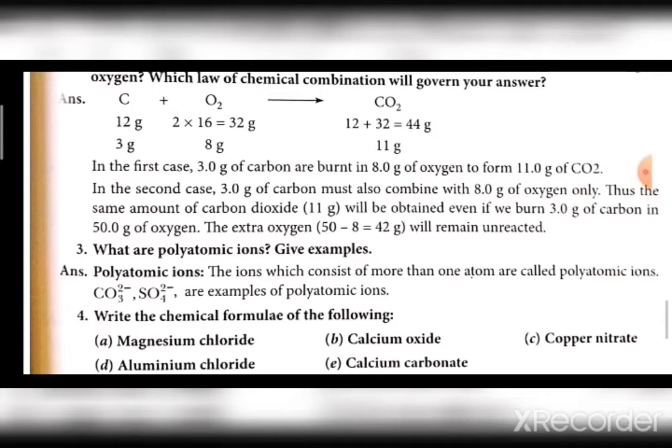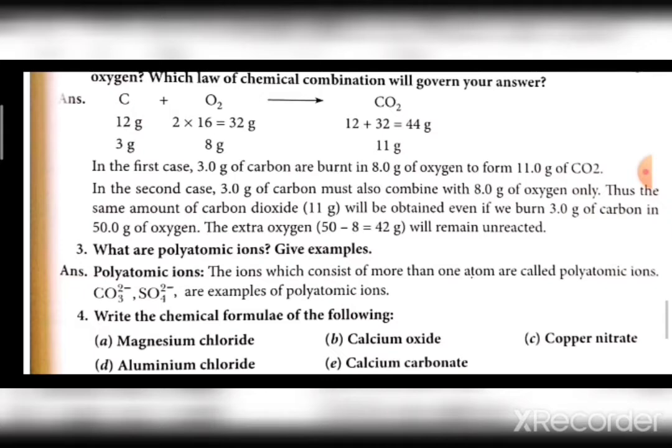Then in the next one, the same amount of carbon dioxide, that is 11 gram, will be obtained even if we burn 3 gram of carbon in 50 gram of oxygen. The extra oxygen, 50 minus 8, 42 grams, will remain unreacted, or it will be left over.